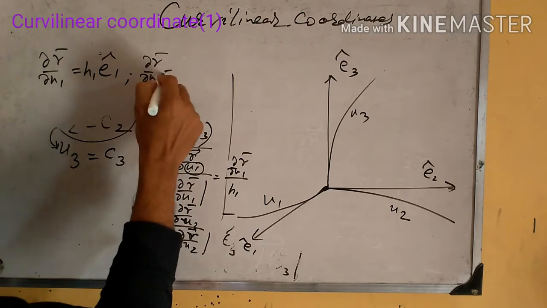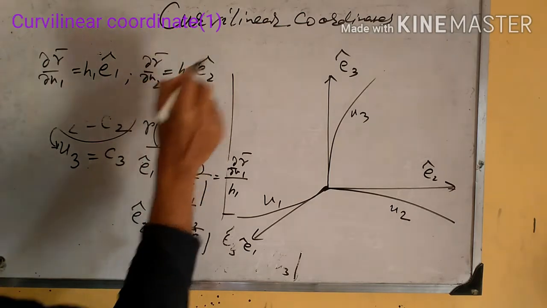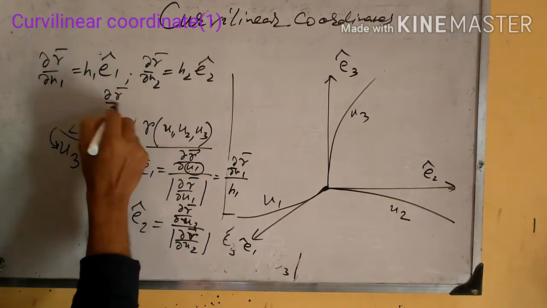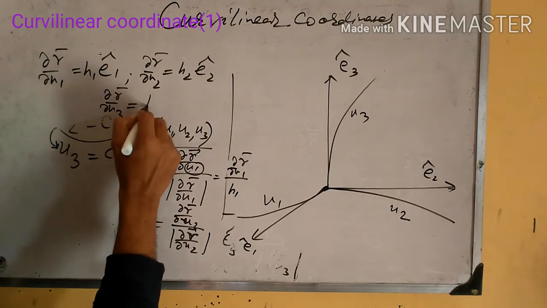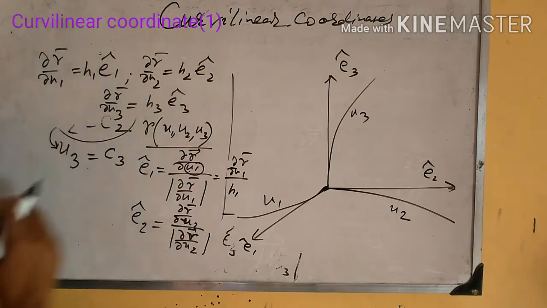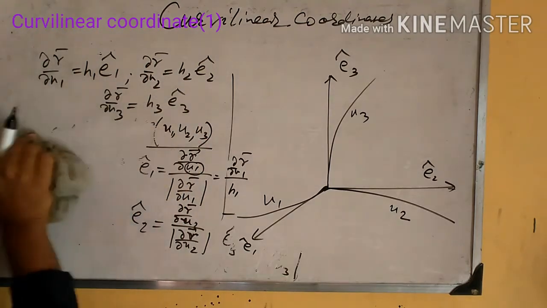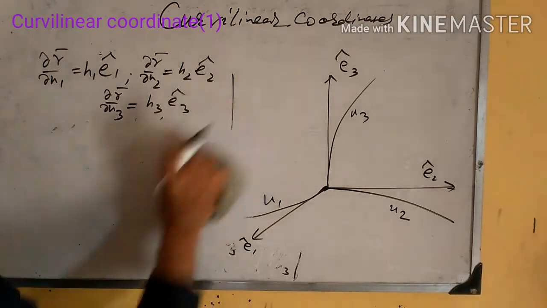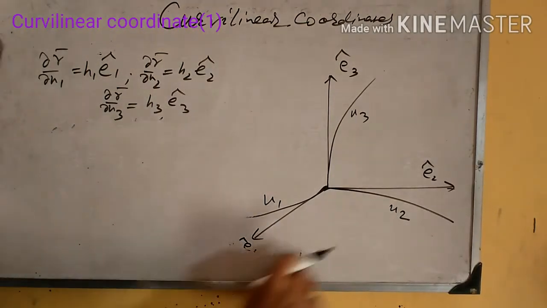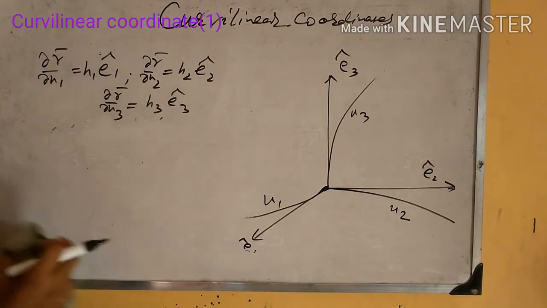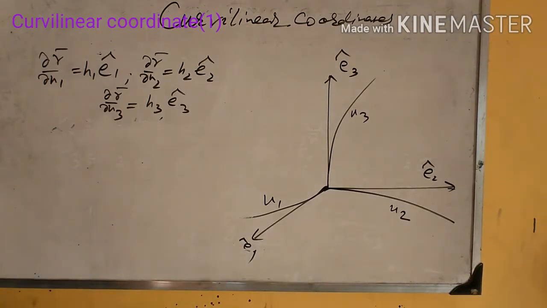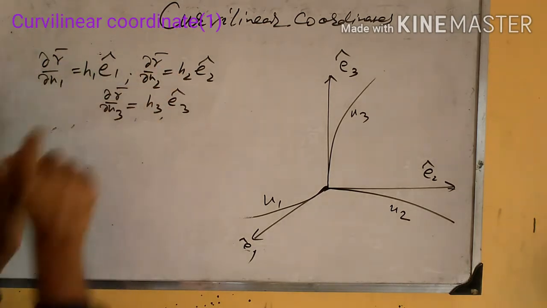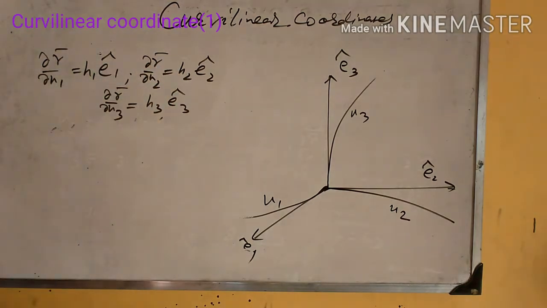Del R by del U2 is similarly written as H2 E2 cap, and del R by del U3 is written as H3 E3 cap. These H1, H2 and H3 are called the scale factors.